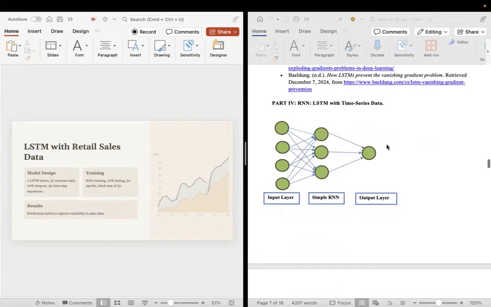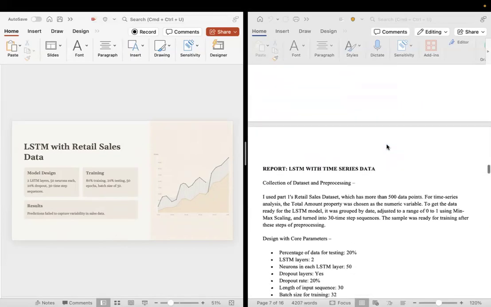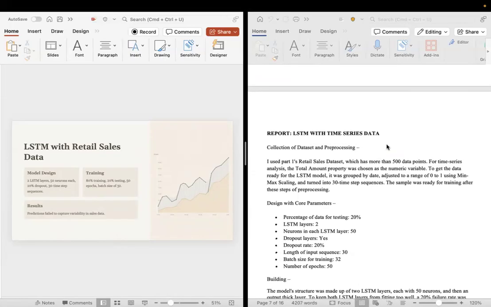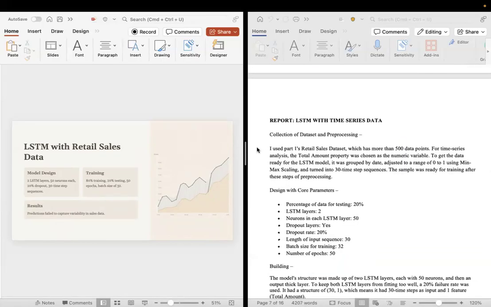Here is part 4, LSTM with time series data. Here is the diagram. In this report, there is LSTM with the time series data, collection of dataset and pre-processing. I used the part 1 retail sales dataset, which has more than 500 data points for time series analysis.